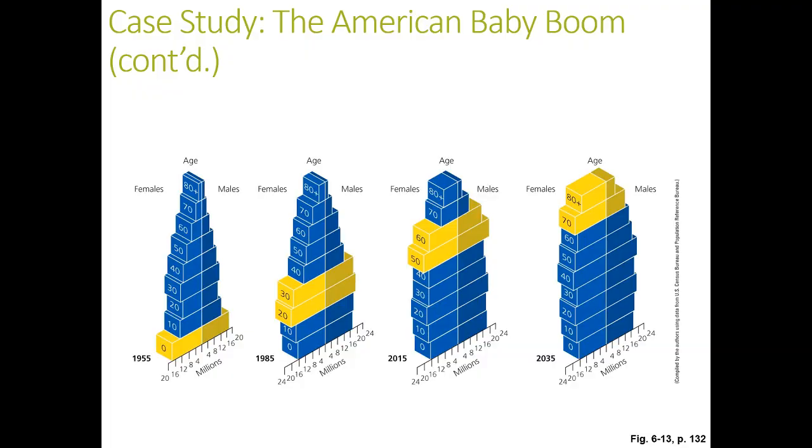So in here, you can see that the baby boom is denoted by the yellow cohorts. We can watch as the baby boom goes through our population over time. So in 1955, they were the young. And so you actually see this rapidly growing age structure diagram. In 85, we start to see this decline, which is normal.